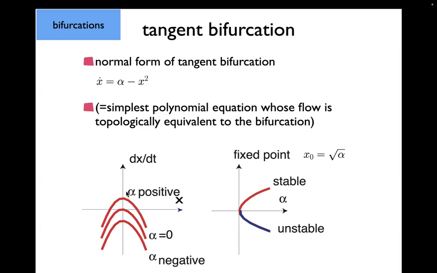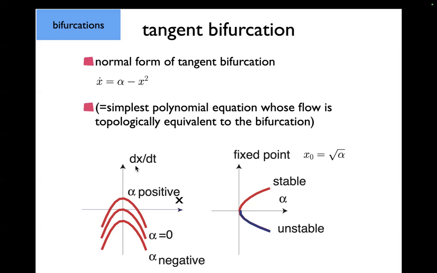So when alpha is negative, you would really have no fixed point. And when alpha is positive, then you have two fixed points. Here is a stable one, negative slope, and here is an unstable one, positive slope, right? And you could plot this by looking at the fixed point as a function of alpha. For negative alpha, there is no fixed point. And for positive alpha, there is that stable fixed point here at positive values, and that blue unstable fixed point at negative values.